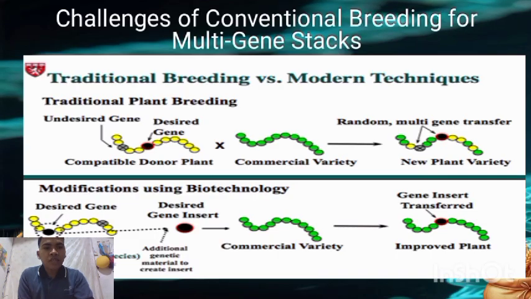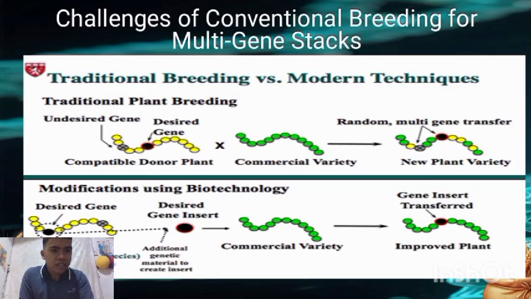So now you can see the picture below, the traditional or conventional breeding versus modern techniques. In traditional plant breeding, the undesirable genes and the desirable genes are crossbred to a commercial variety. Then you can see the random multi-gene transfer, so the genes are not in place in the new plant variety.